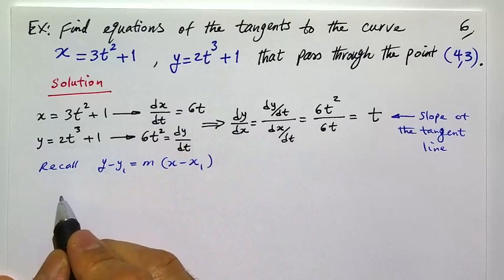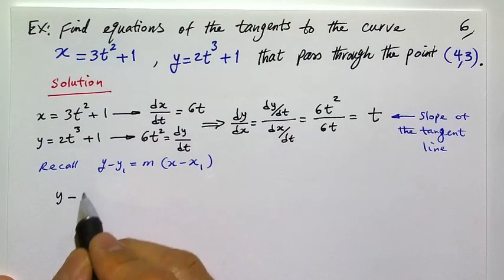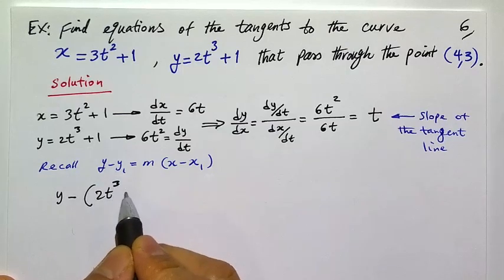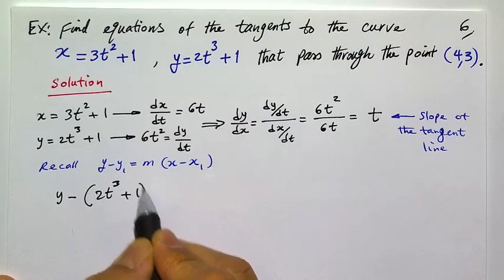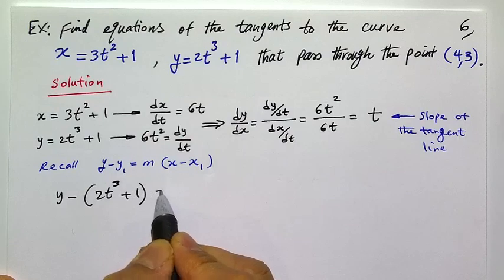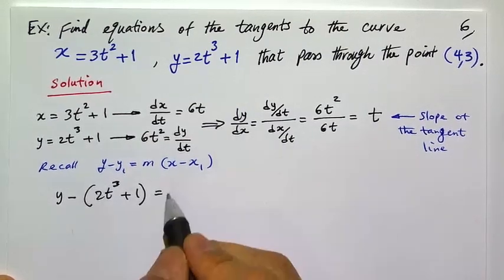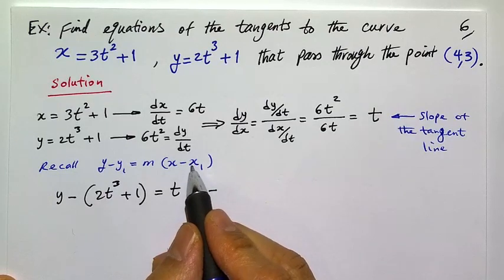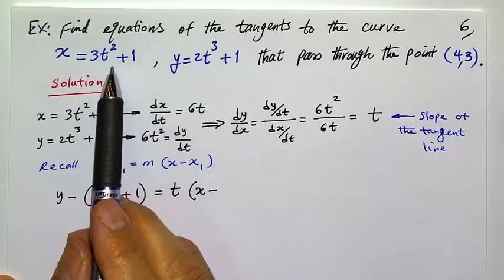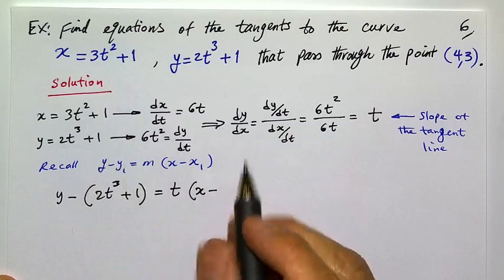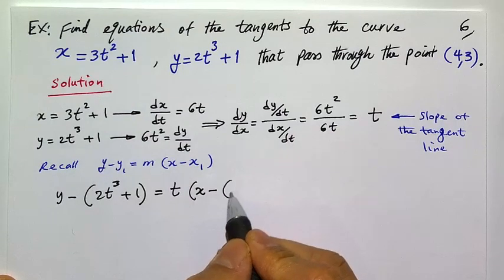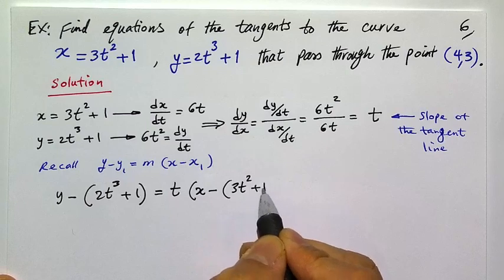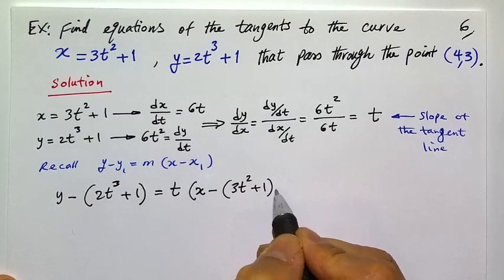So we have y minus 2t cubed plus 1 equals m, which is t, times x minus x1. And let's take this for x1, 3t squared plus 1. Okay, like that.